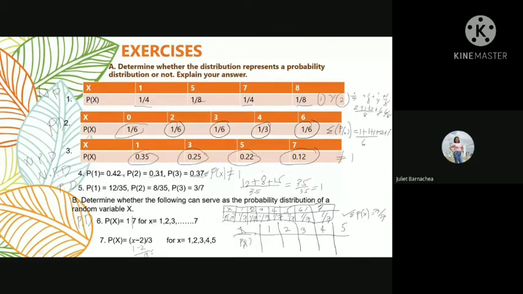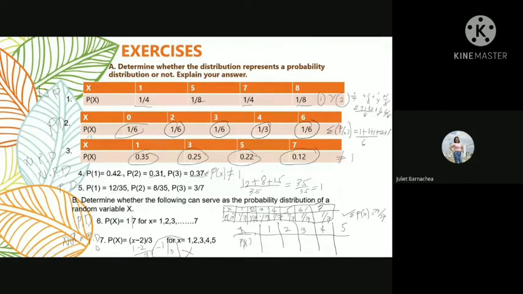It will give us negative 1/3. Dyan pa lang, first condition. Negative 1/3 is not between 0 and 1. So, hindi mo na kailangan magtuloy. This is not a probability distribution.